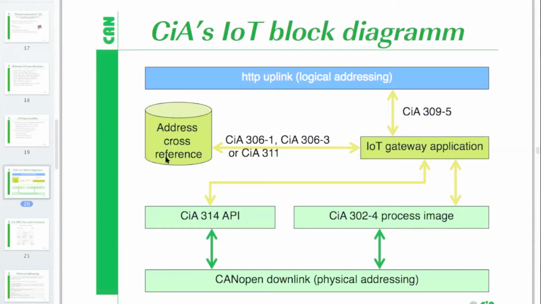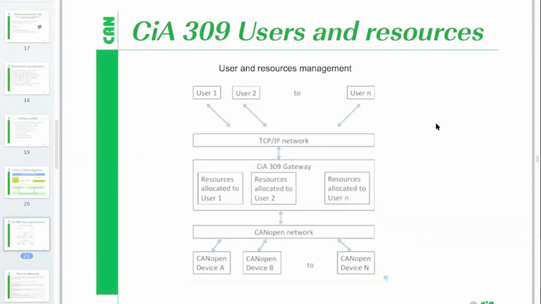So what do we do with our IoT things here? 309-5. Basically, this is the main specification for this communication path.